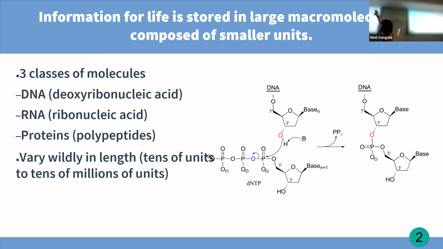You have DNA and it has a base at the end, and then there is a triphosphorylated group attached to the next base, and then you just do a hydrolysis reaction to form this diphosphate, and then you have this glycophosphate bond between those. That kind of clear? Okay, this will be important later.